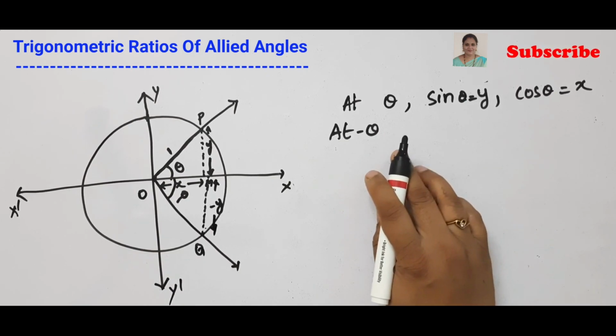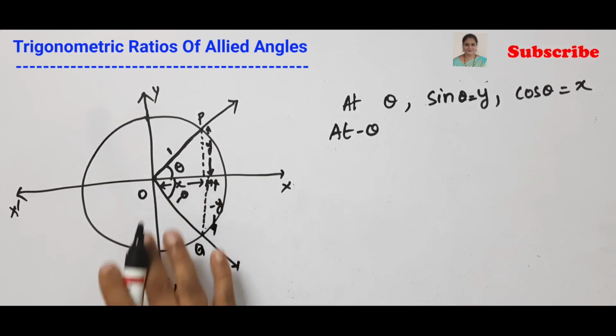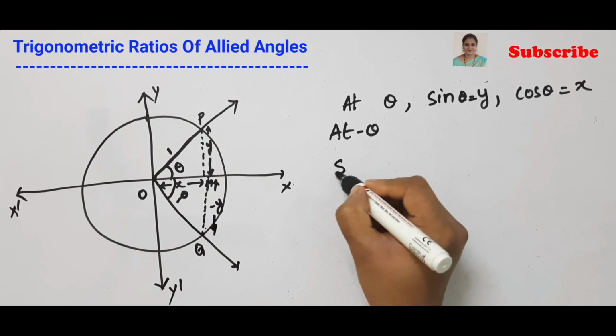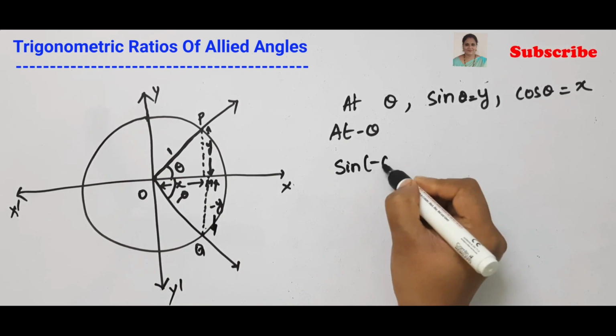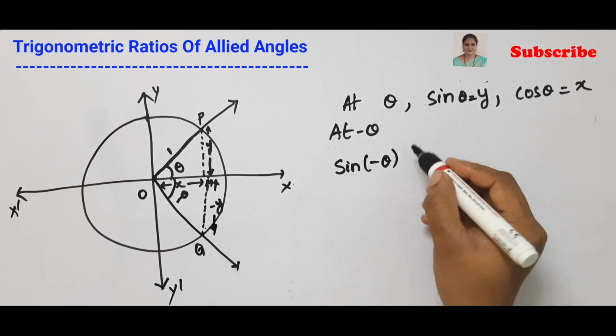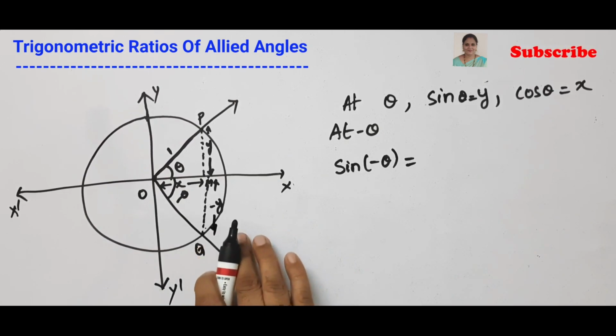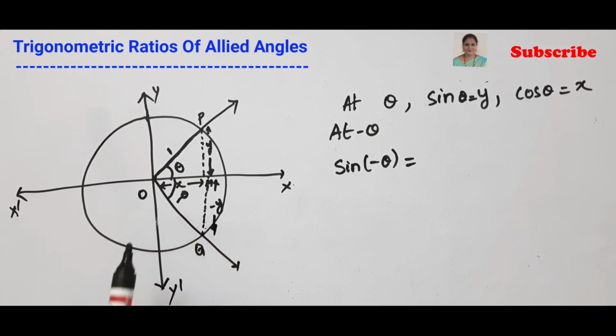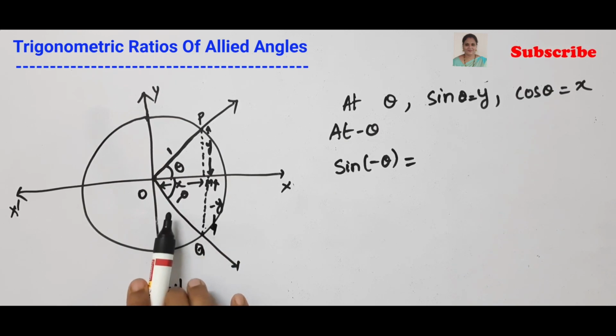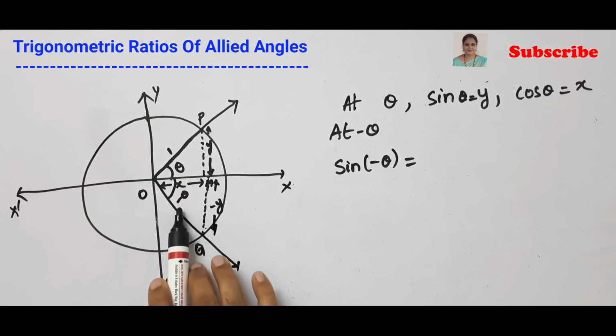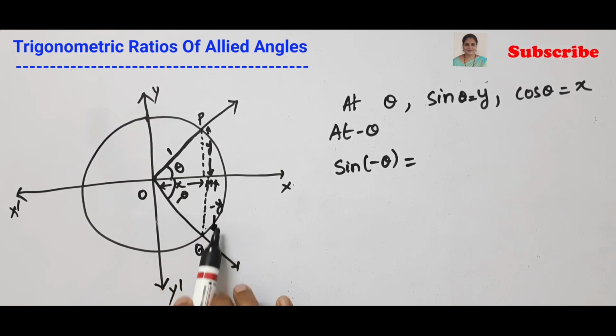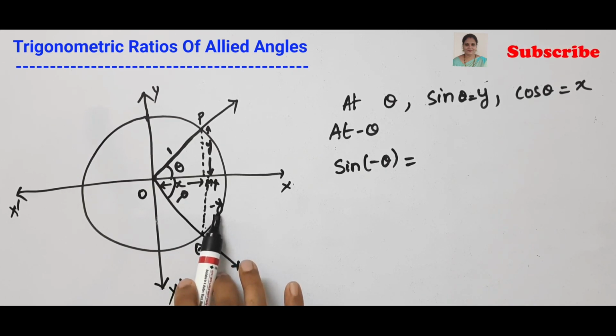So at minus theta, let us start calculating the sine values. Sine of minus theta is nothing but the length of the side opposite to minus theta, here it is minus theta, is it not? The side opposite to minus theta is QM and its length is minus y.